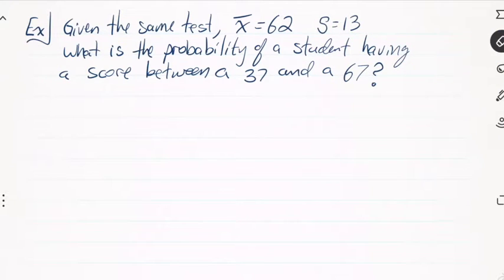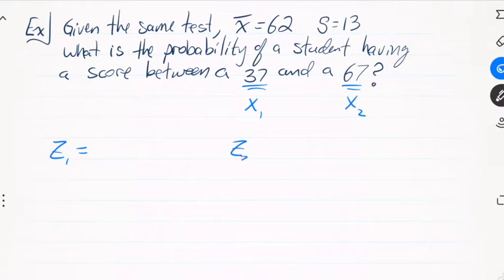And kind of like what we were doing with the 68, 95, 99.7 rule, we're going to designate these two x values as x1 and x2, so we can distinguish which one is which and keep things straight. So that, of course, means we're going to be looking for a z1 and a z2.